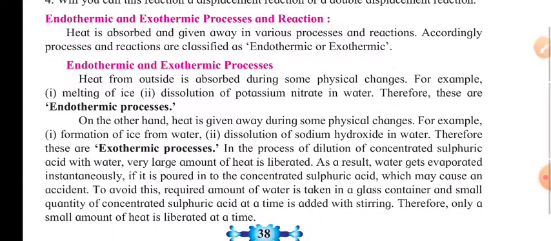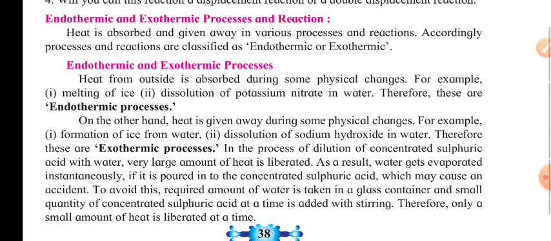Another they have given over here is the endothermic and exothermic processes and reactions. This type of reaction is based on the heat or the energy they liberate or require to carry out the reaction. There are certain reactions which generate heat during the reaction, and there are certain reactions which require heat for the reaction to occur.